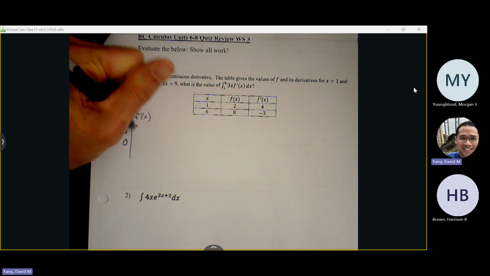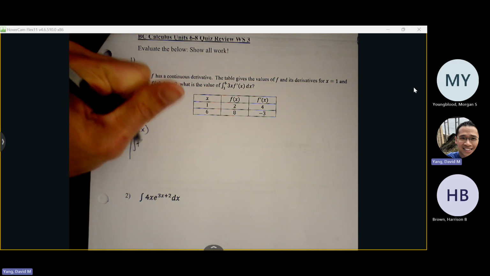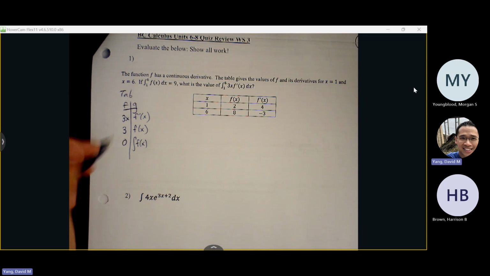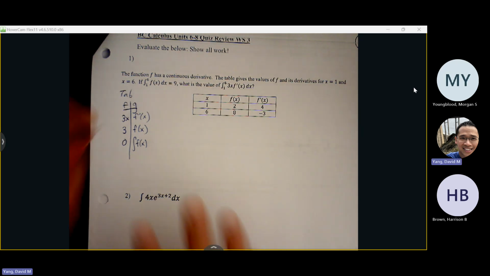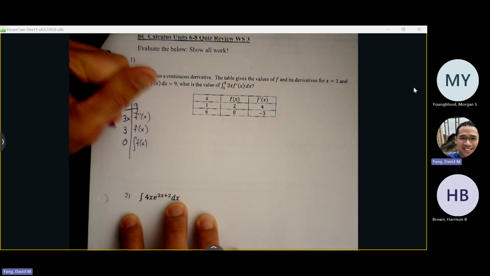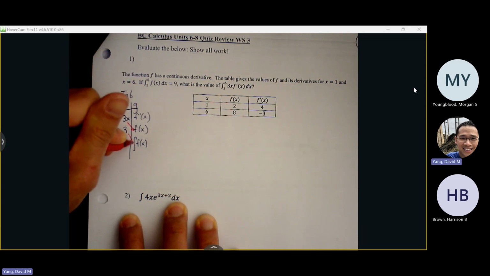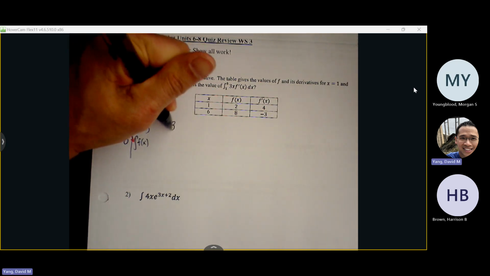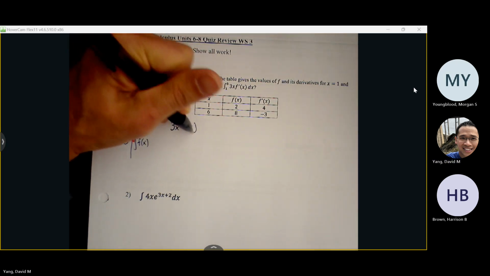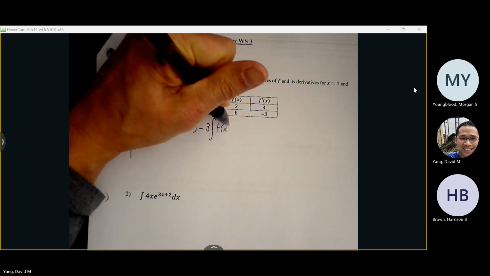So f prime becomes f, and then the antiderivative of f, since we don't have something that can turn that f into, we'll just call it the integral. Assign a plus and minus, and then multiply by the diagonal. So we have 3x f of x minus 3 times the integral of f of x.